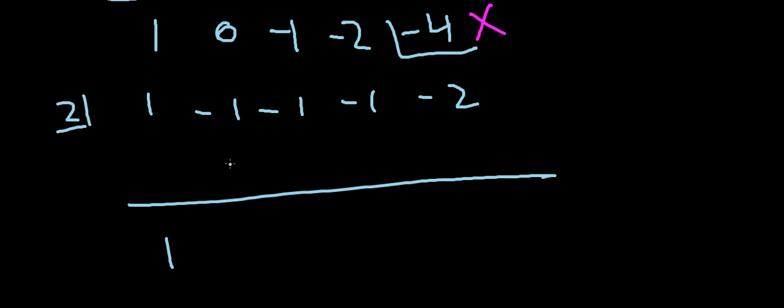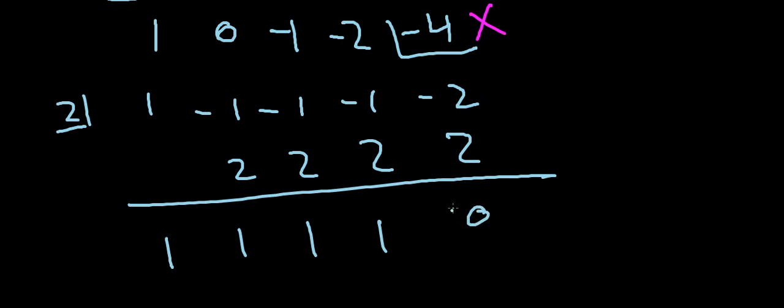Bring that down, multiply by 2, we get 1, multiply that by 2, we get 1, multiply that by 2, we get 1, multiply that by 2, we get 2, and then we get 0. So we can say that x minus 2 is a factor. But we already knew that from before.